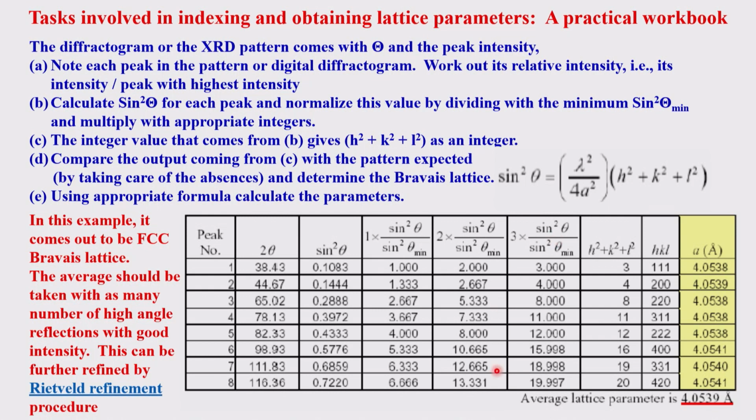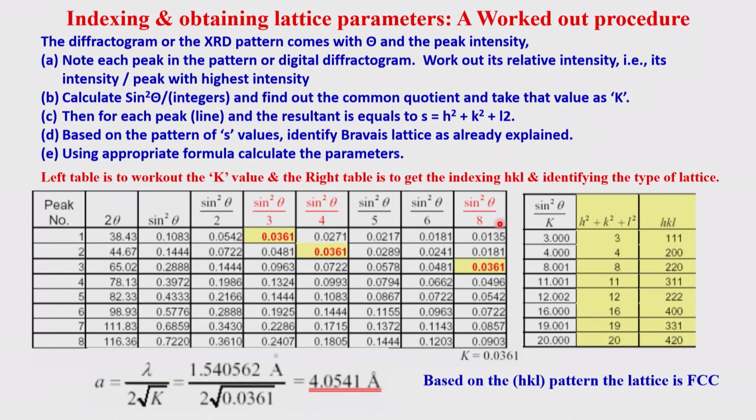It will also show some of the intricate aspects which were missing in another worked out procedure, how we come out with that total of h square plus k square plus l square, which is also labeled as small s. These steps are the same as what I talked about earlier.